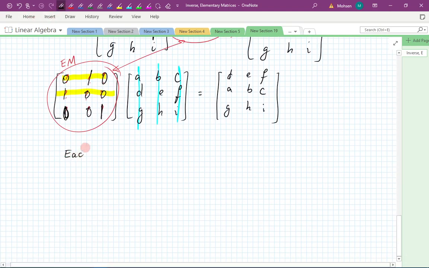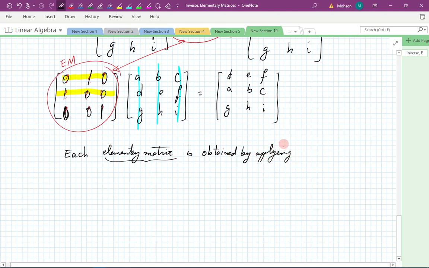Each elementary matrix is obtained by applying, that's one way of doing it, a quick way of doing it, the corresponding elementary row operation to identity. So that gives you a fast recipe for doing that.